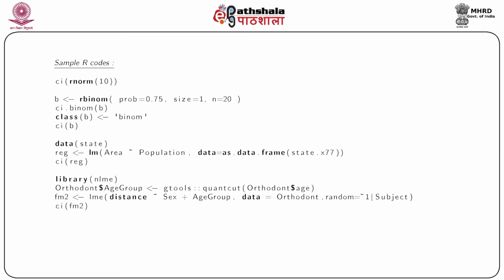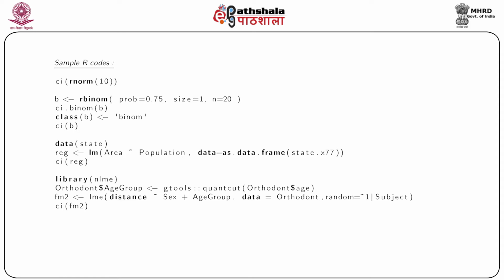Now library nlme, the nonlinear mixed effects models, this method of estimation also helps us get the confidence interval as well as helps us fit the regression model. So orthodont at age group equals gtools quantcut orthodont age.